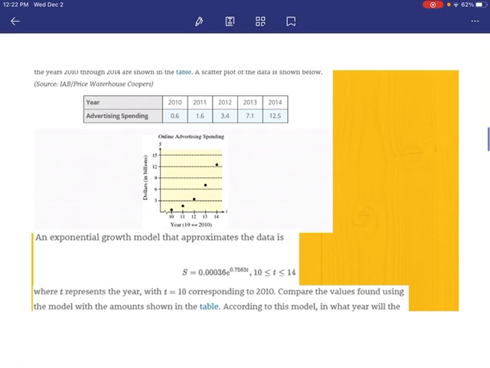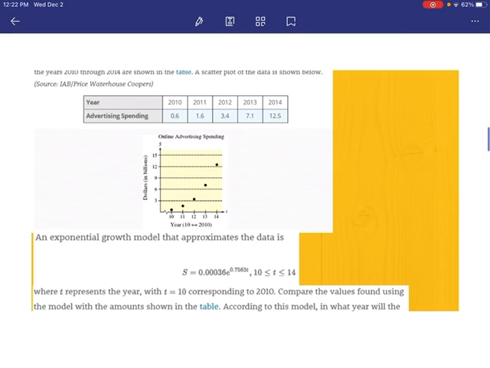Some of my text got cut off, but I'll read it to you. It says the amount S in billions of dollars spent in the United States on mobile online advertising in the years 2010 through 2014 are shown in the table. A scatter plot is shown below. So basically, this is the amount of money spent in the U.S. on online mobile advertising.